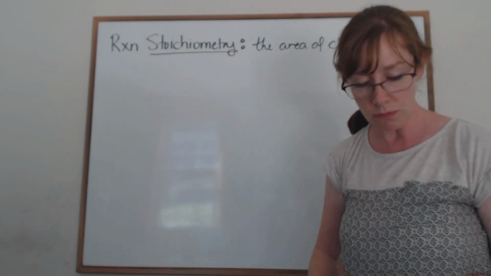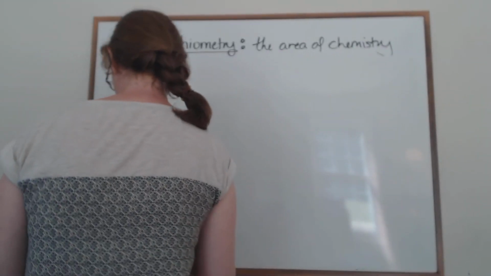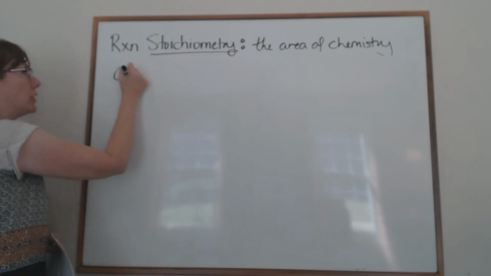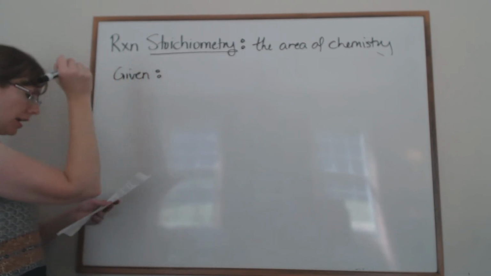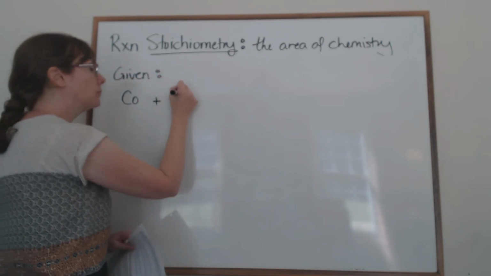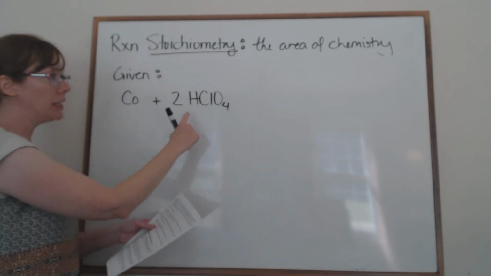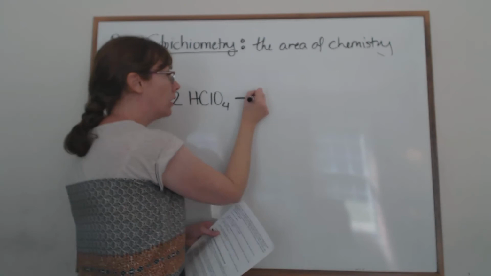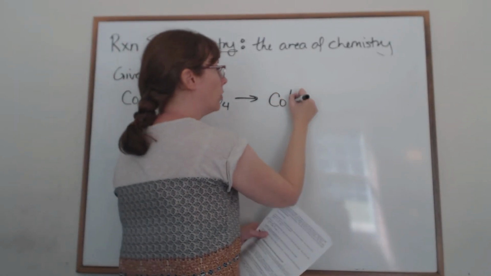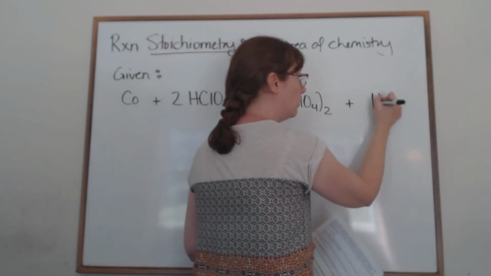So let's go with, given this equation, so basically, if someone tells you that this is the reaction that we are analyzing, so cobalt reacting with perchloric acid, producing cobalt 2 perchlorate and H2.